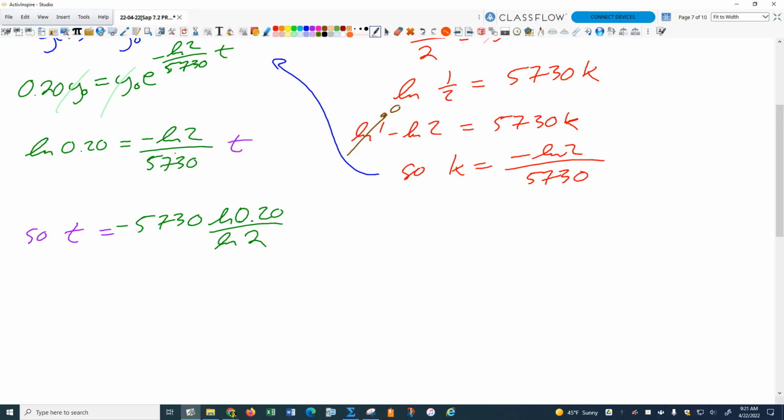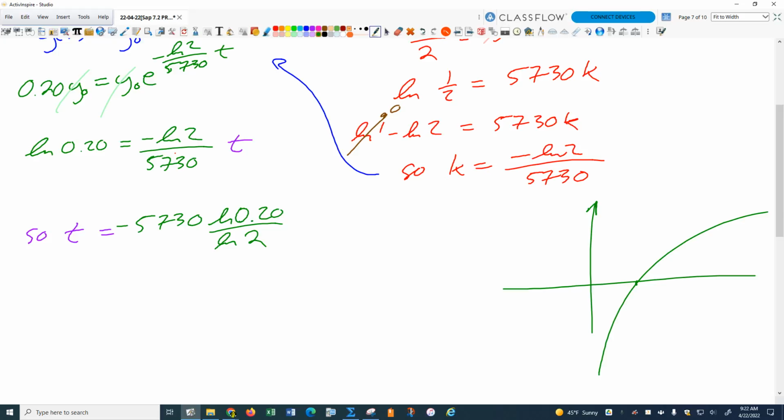Well, what's going to be the log of a number greater than 0 but less than 1? Think about a log function. It's negative valued in the domain where the input is greater than 0 and less than 1. So it's all going to work out. t is going to be positive.